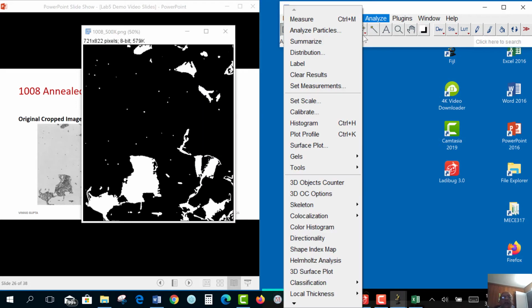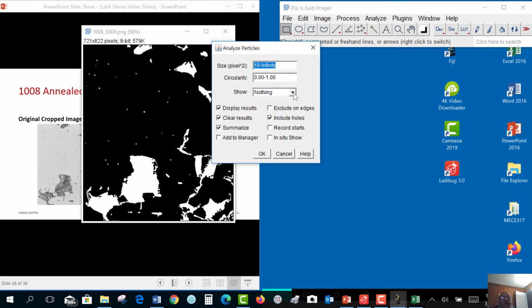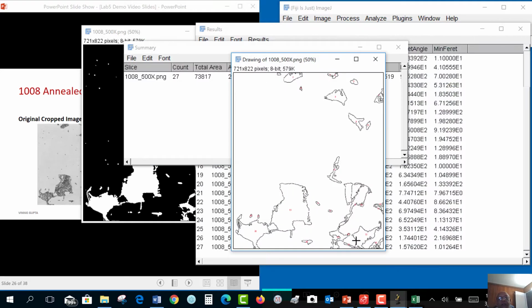So this time we are going to go ahead, analyze particles, and we want to look at the outlines. And this time, let me increase the size instead of 10 to about 100. So it shows me the outline of the particles. Notice that by going through 100, I have taken care of all that small dust particles.